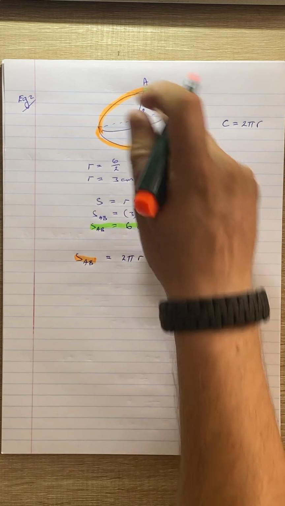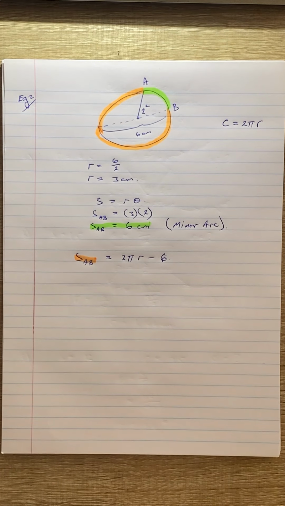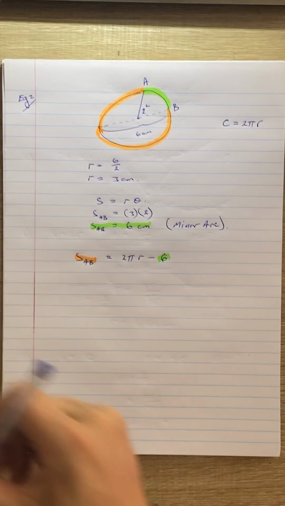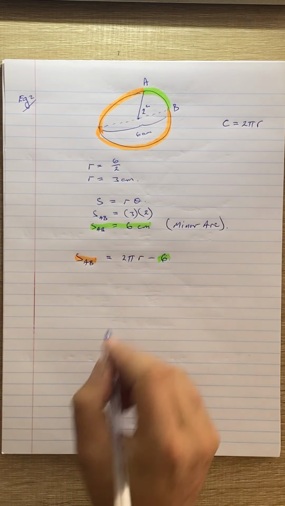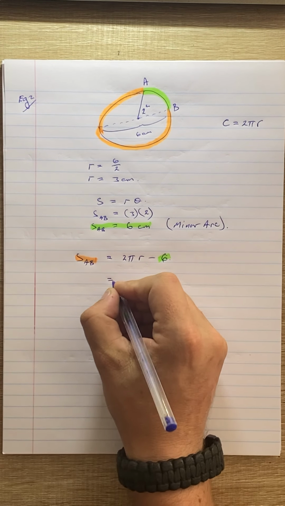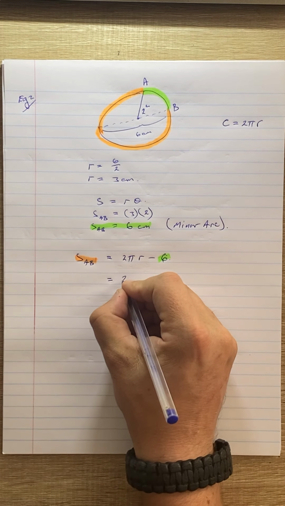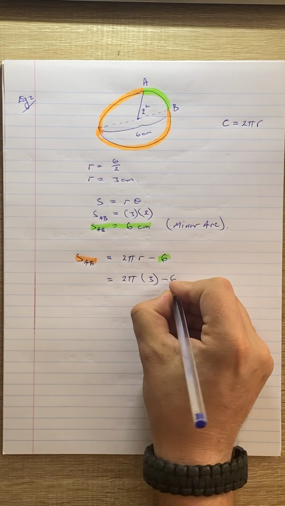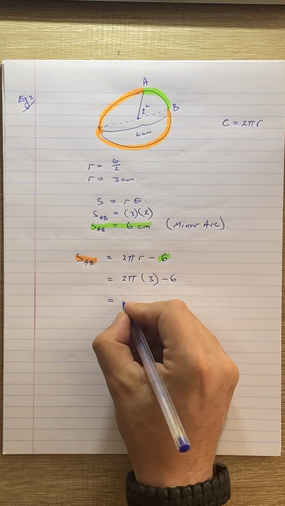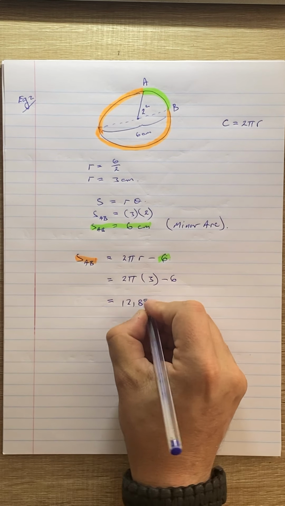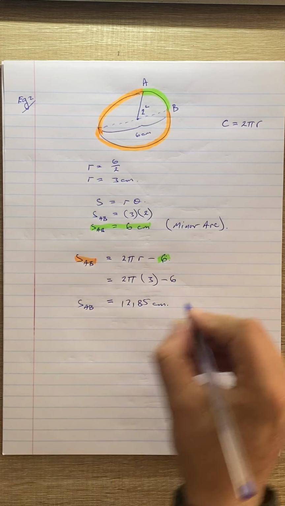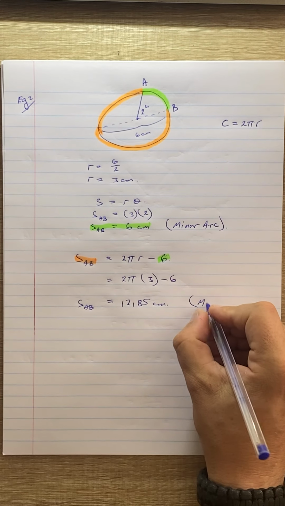Okay, so all I'm going to do is substitute my radius in, and we get 2 pi times 3 minus 6, and we get 12,85 centimeters. And this is the major arc.